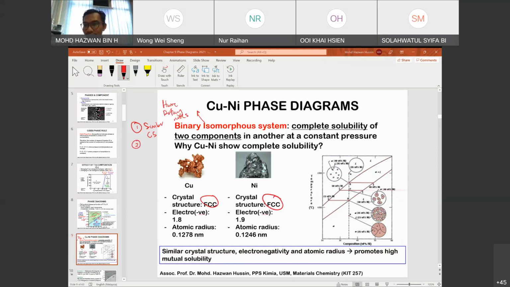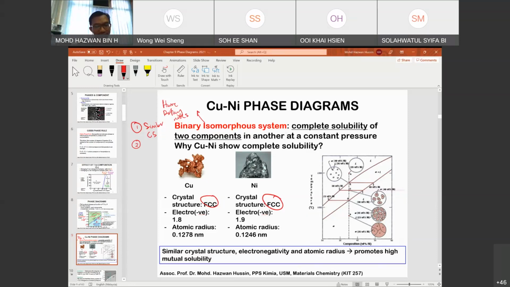Ishan, are you there? Yes, doctor. Okay, so what will be the next point? The electronegativity of the atoms cannot have too large a difference, but must be similar.